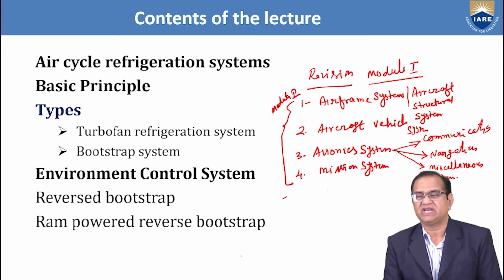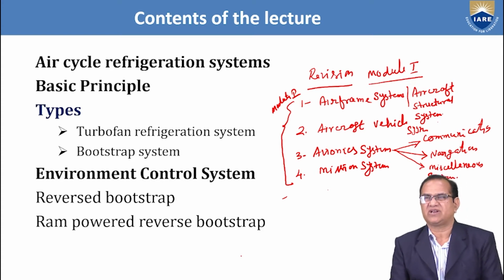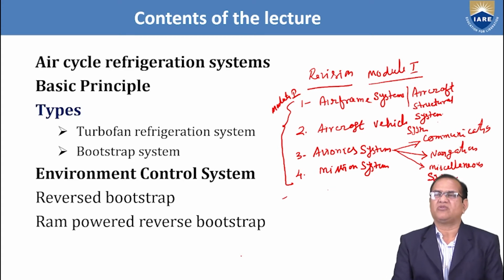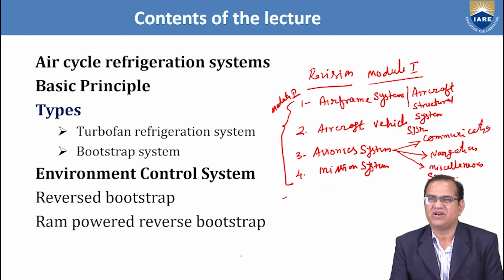Also for navigation purposes: how to find the direction of the aircraft, how to reach the next destination, how to navigate, how to land the aircraft in a safe way. These things come under navigation. And the miscellaneous systems include different electromechanical systems used in conjunction with avionics systems, like head-up display, helmet-mounted display, and so many other electronic devices for passenger and military aircraft.